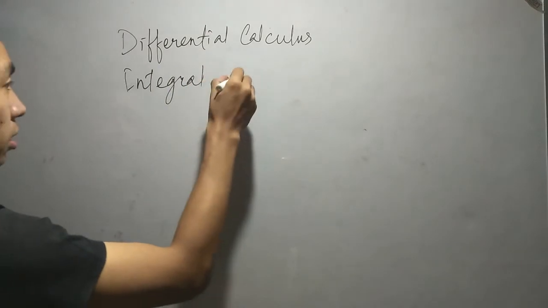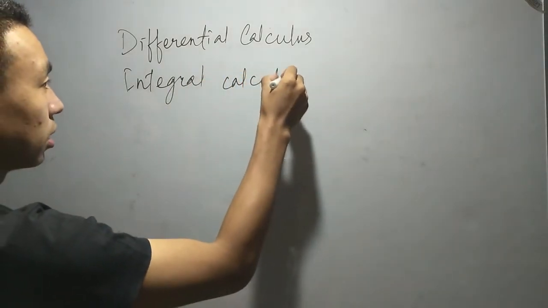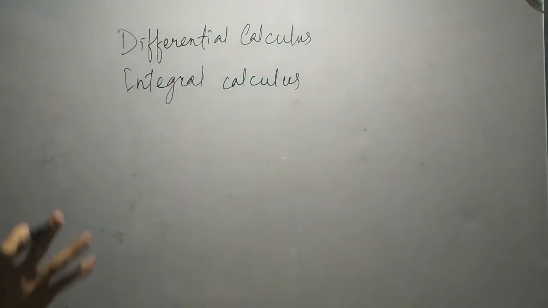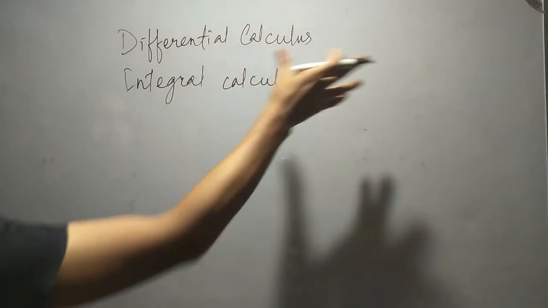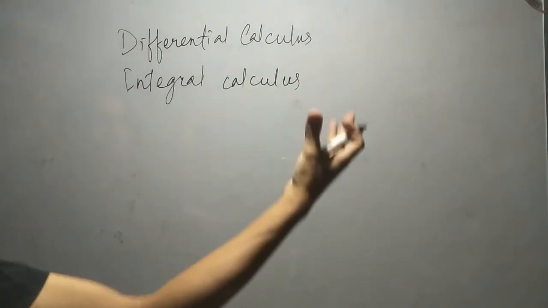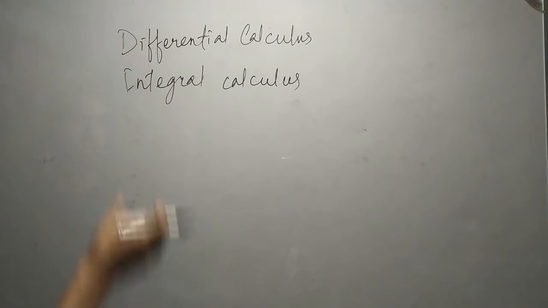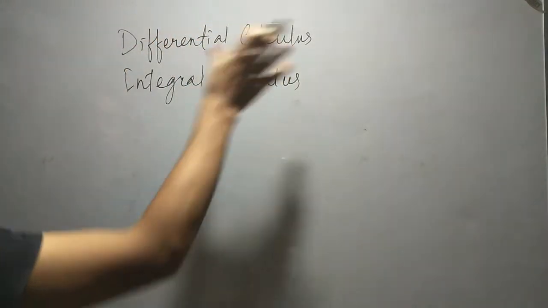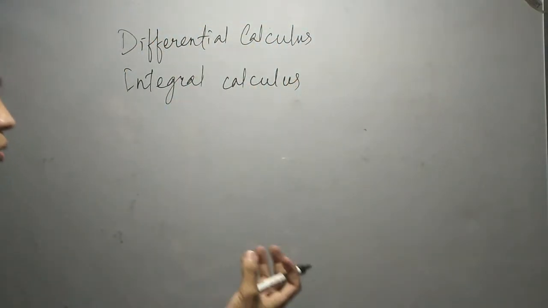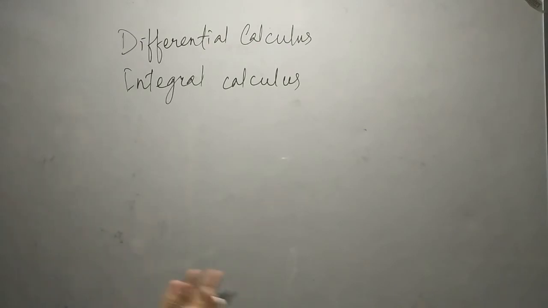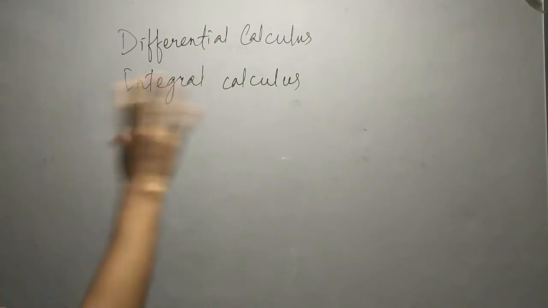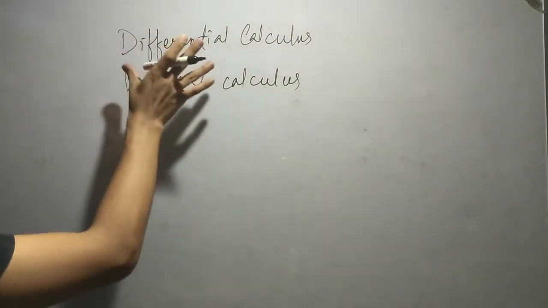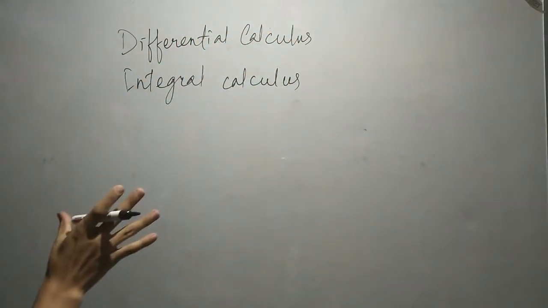In a simple way, integral means summation or addition, or an increase in the number. Differential calculus, or differentiation, means there is a reduction or subtraction. So that is the simple meaning of differential calculus and integral calculus.